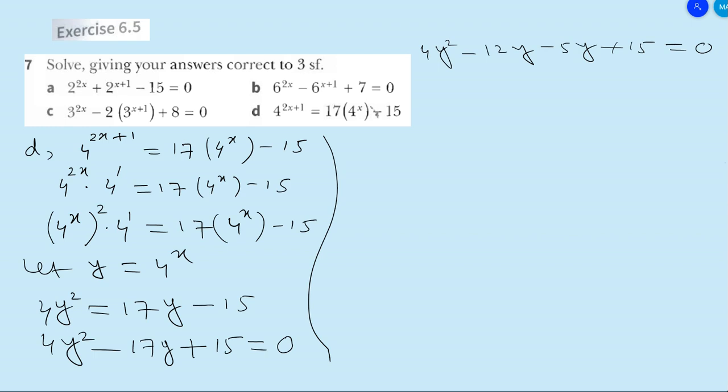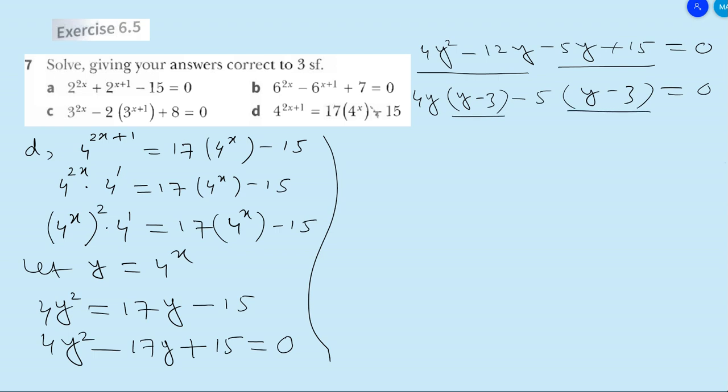Student, if the signs in the brackets are different, then the factorization is wrong. That's why I made other factors. Taking 4y common, it will be y minus 3, minus 5 common, it will be y minus 3.